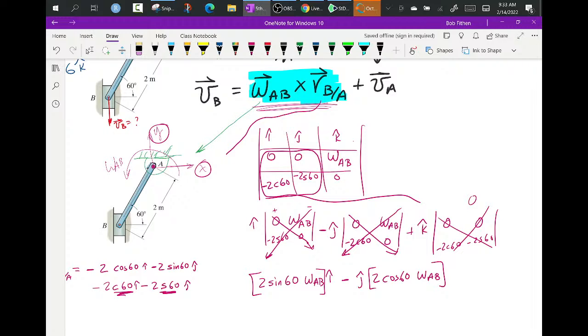If omega AB were rotating this way, and you were sitting here, and you were looking here, you would see this going in this direction. So, if that were the case, you would have a positive x component, and you would have a negative y component.